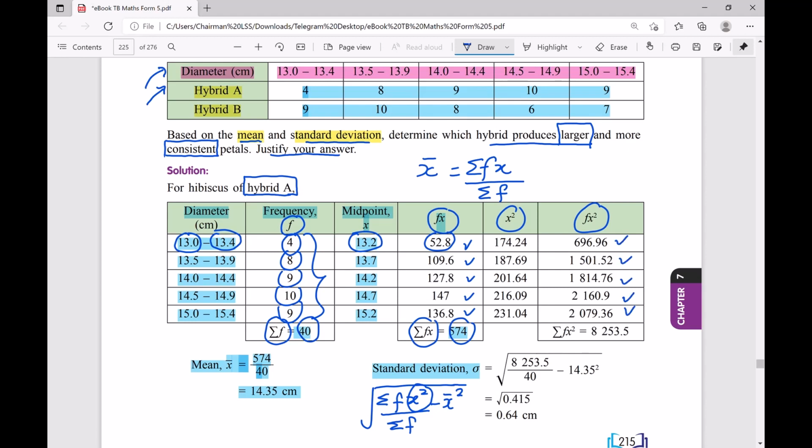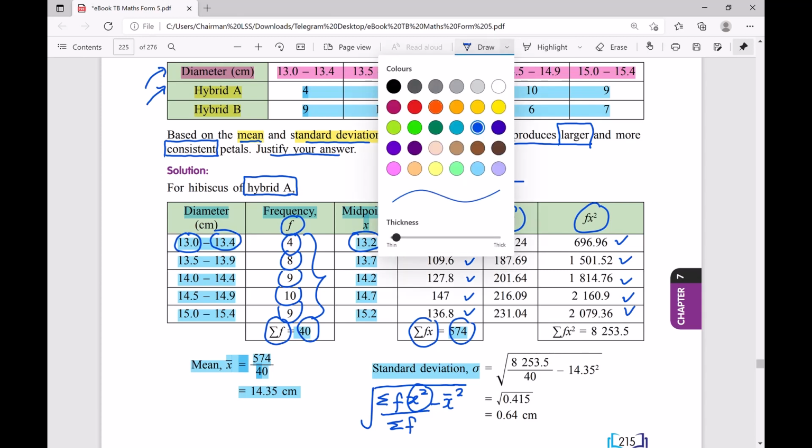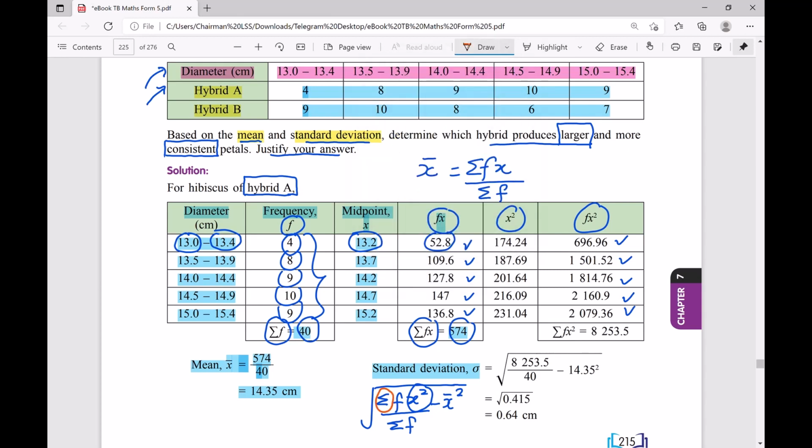This is the one that you total, and you'll get 8253.5. You divide by the total frequency, 40, and then you minus your mean, 14.35, but remember to square it.